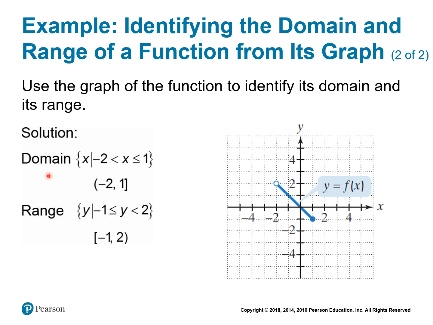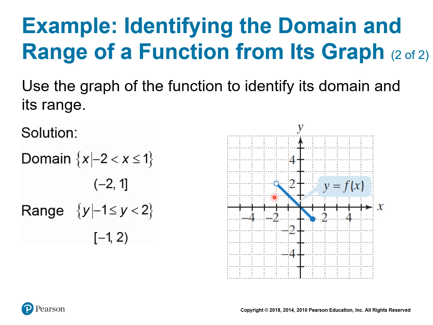First, let's look at the domain values. For the domain values, we have to look for the x values along which the graph extends. The smallest x value that the graph extends to is x equals -2.